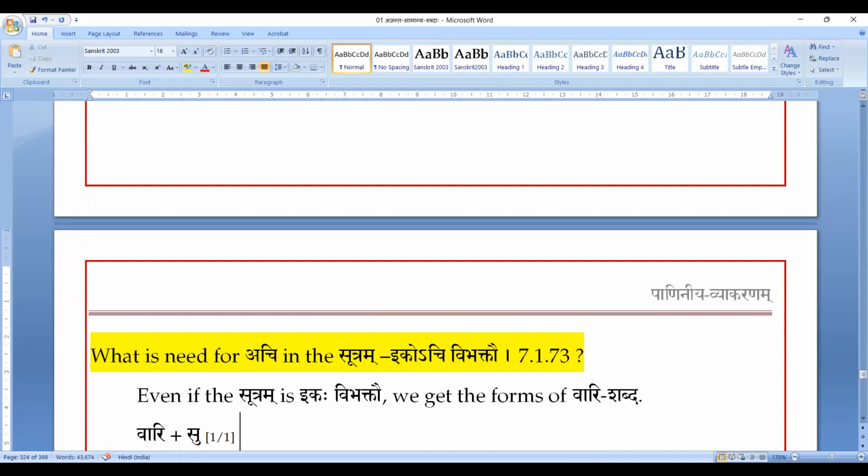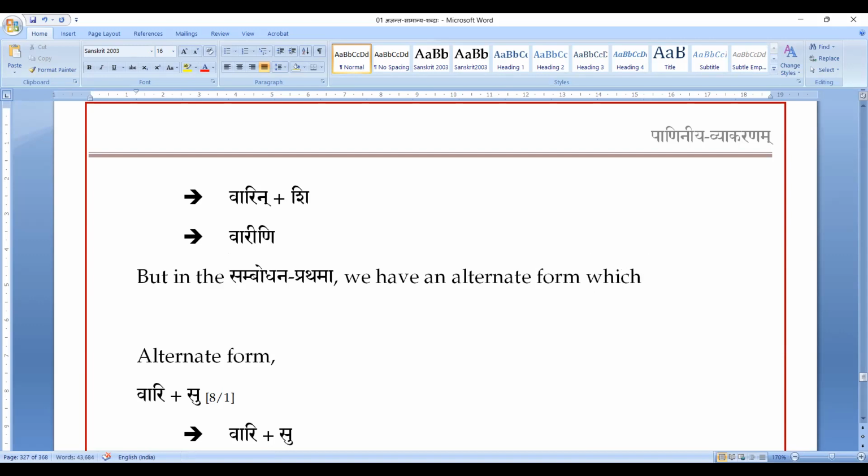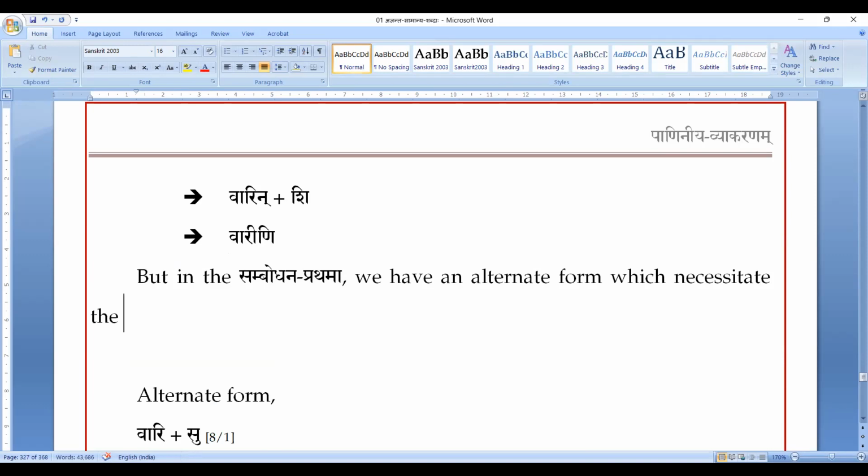But in sambodhana, we have an alternate form which necessitates the presence of ach in the sutra.